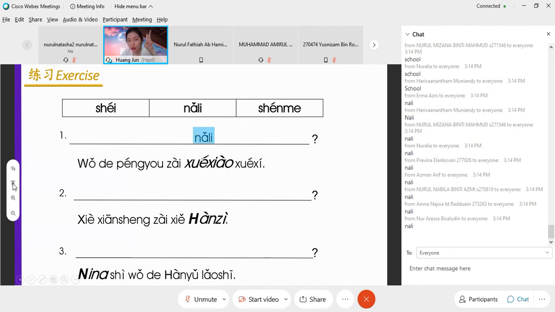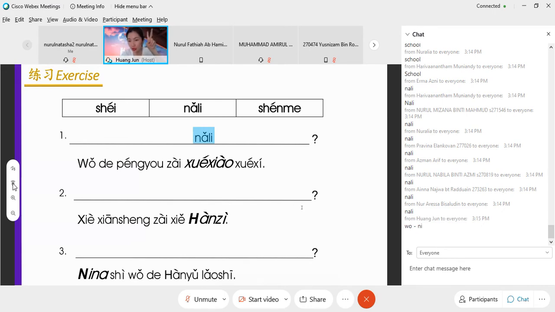Step 2, you check the rest of the sentence. Try to find if they have 我, and if so, you change it into 你. Check the rest of their sentence except 学校.